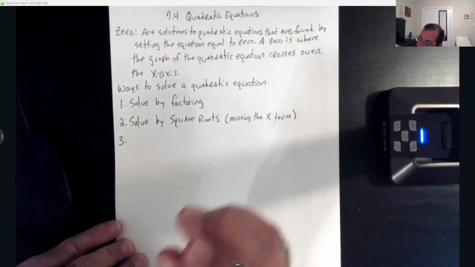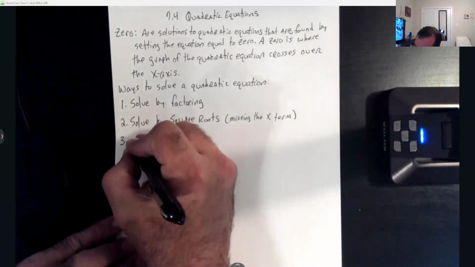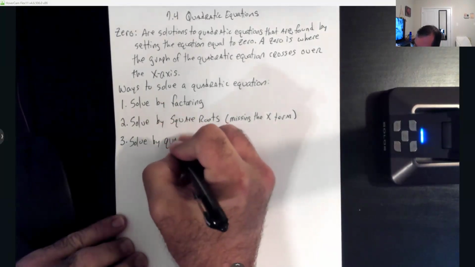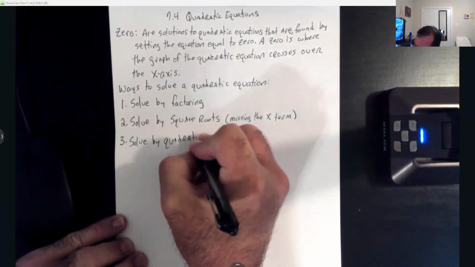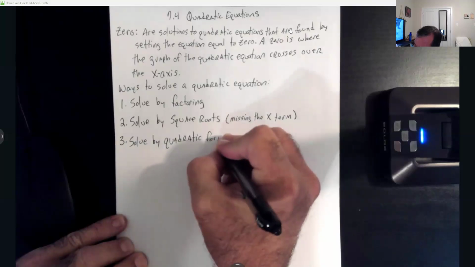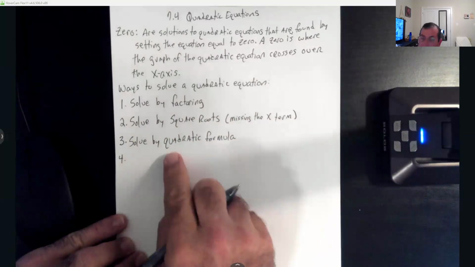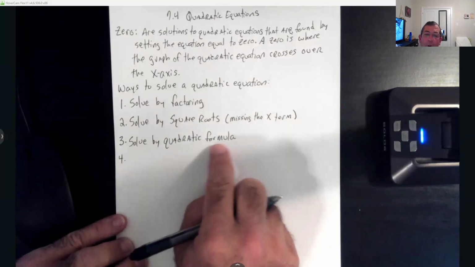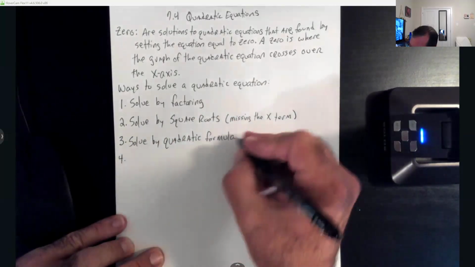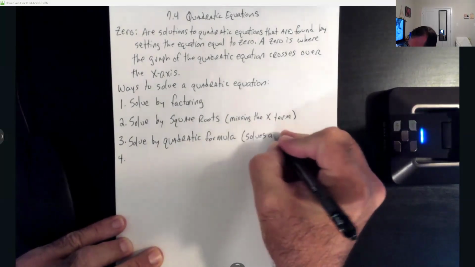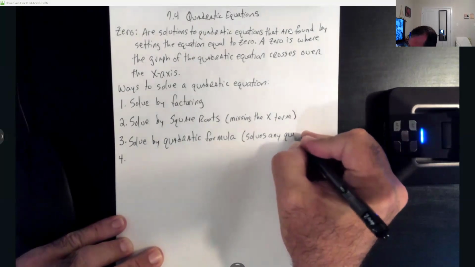The third way, which we'll deal with today, is solve by quadratic formula. And y'all, we can use the quadratic formula. It'll solve any quadratic equation.